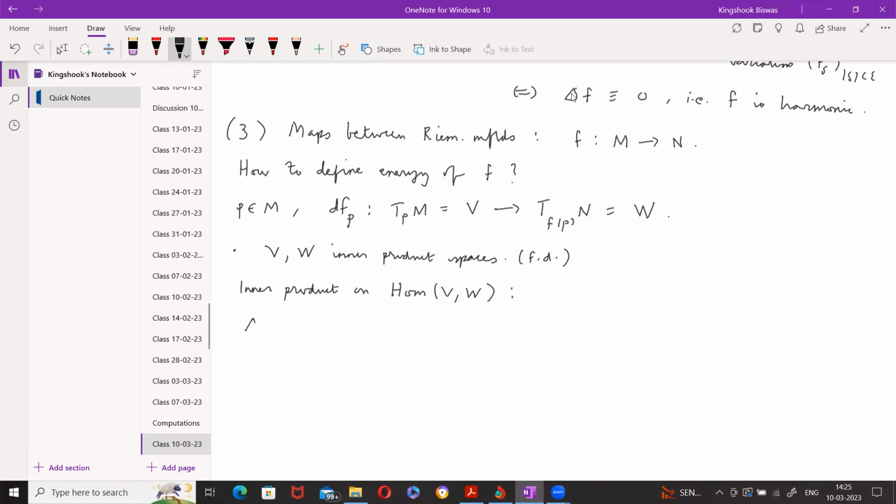So if A and B are linear maps from V to W, then I have their adjoints, A star and B star, which go from W to V. So we can define the inner product between A and B. How can we define this? Any guess?